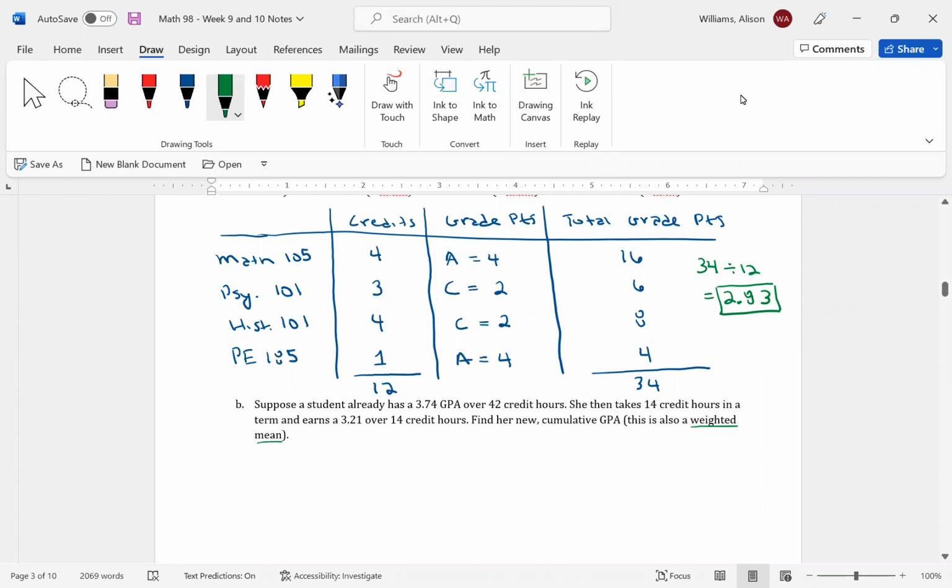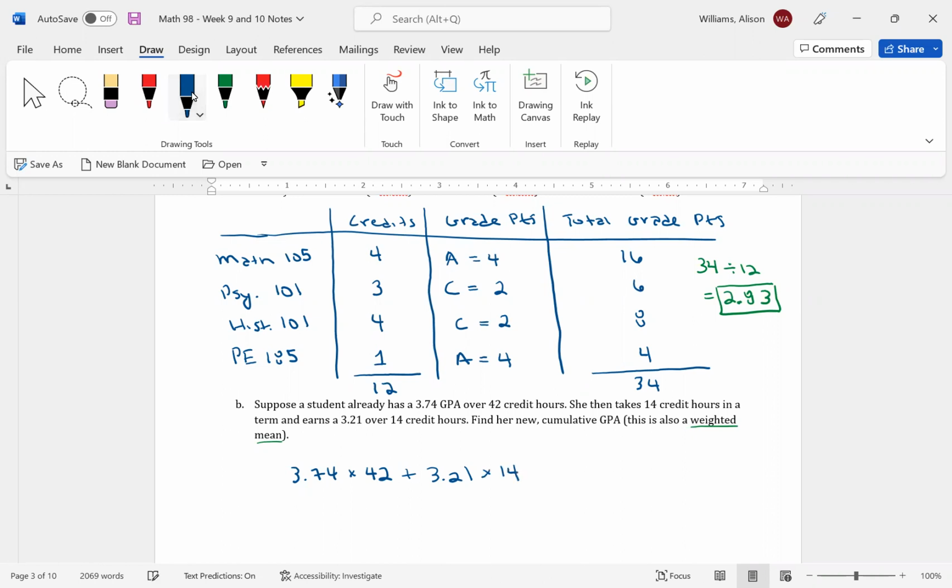So we're going to take the GPA earned for the beginning, the 42 credit hours, and times it by the 42 credits. So there's her GPA at that point for the 42 credits. Plus, she now has a 3.21 GPA for the 14 credits.